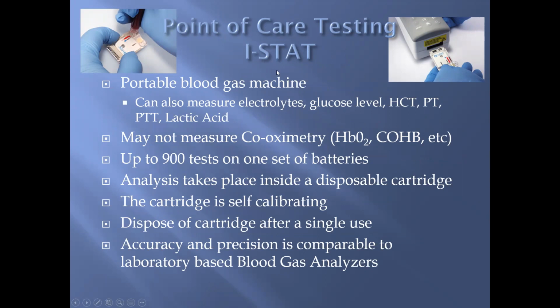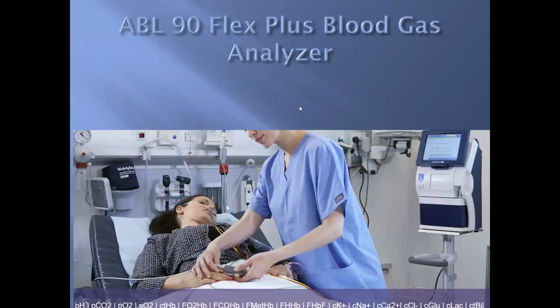So the ISTAT, I guess we don't have to worry about that because you guys aren't seeing it. ABL 90 is what you're using. Okay. I don't know if you can see across the bottom, everything that's being measured with the ABL and it prints out.